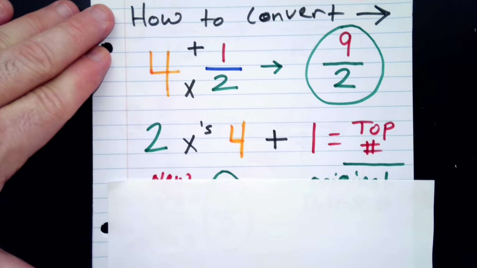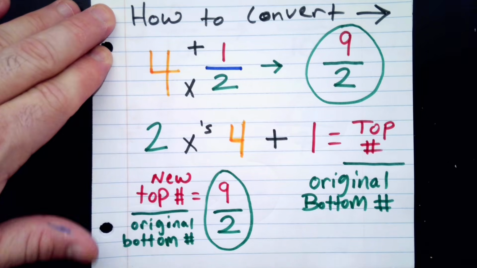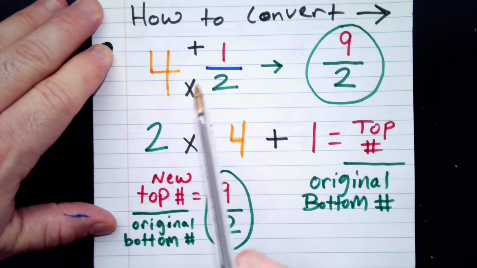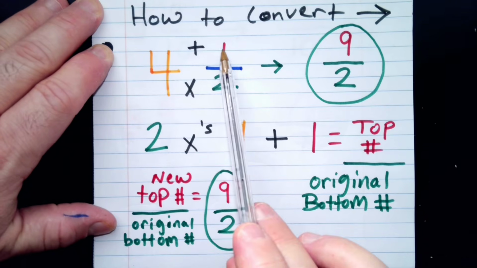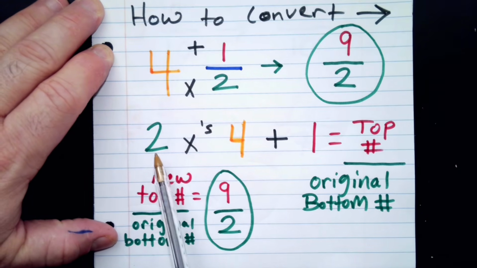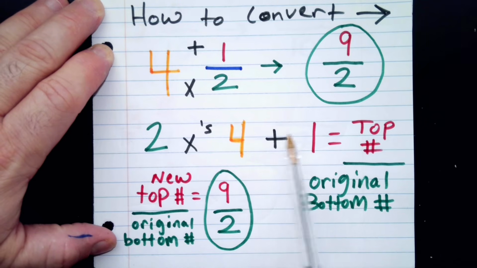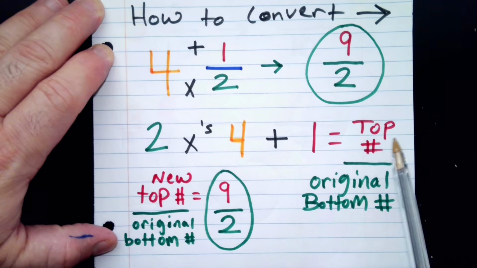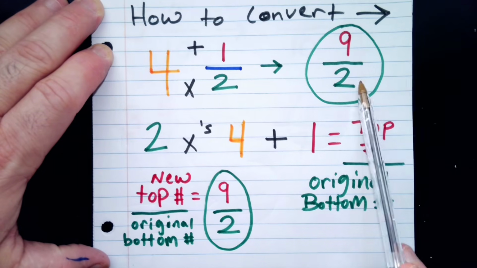It's right here. So you have 2 times 4. Take that product, add it to the numerator. So 2 times 4 is 8. And 8 plus 1 equals your top number, which is 9. Of course, that denominator is just going to stay the same.